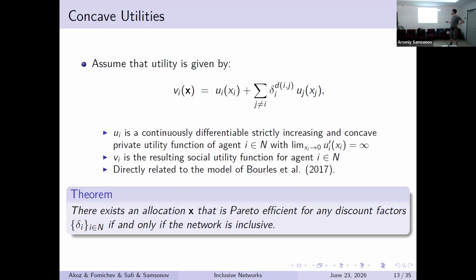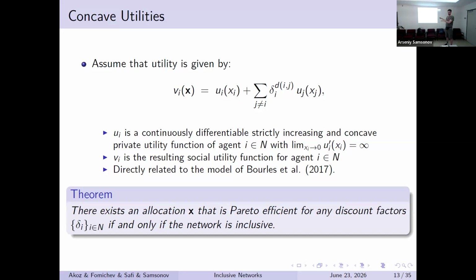Right, so here is a theorem. In this concave world, there exists an allocation which is Pareto efficient for all discount factors if and only if the network is inclusive. So again, suppose you care about efficiency, period, not efficiency plus interiority.